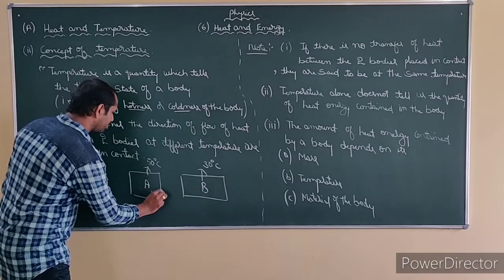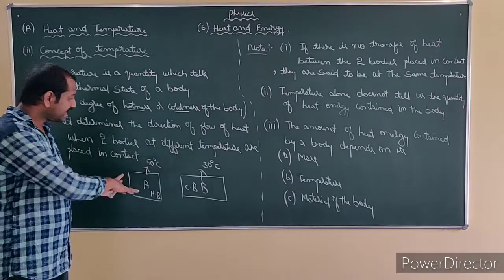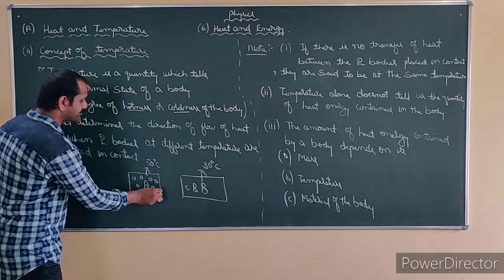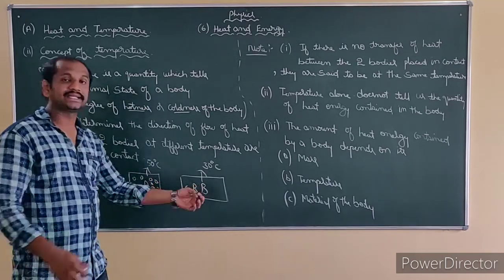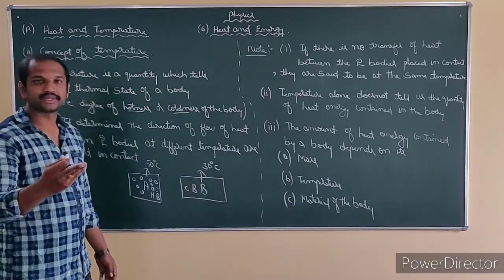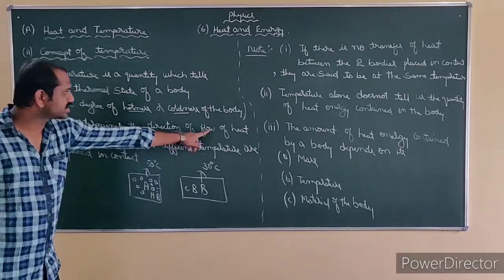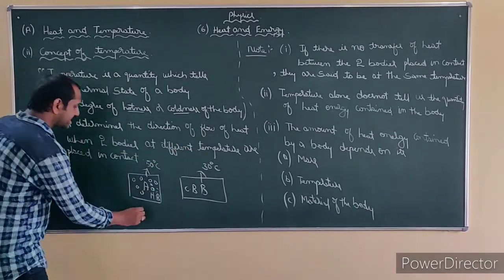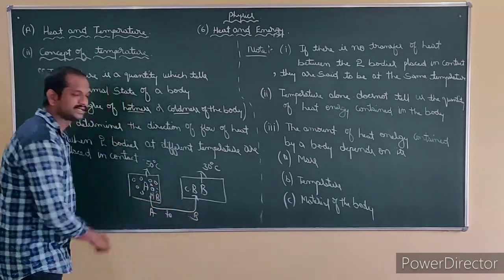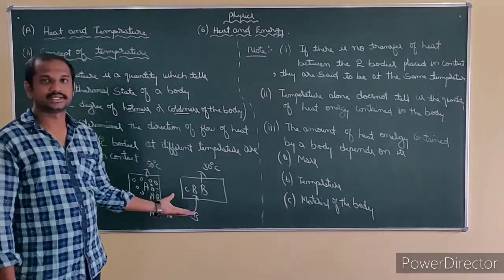Now it determines the direction of flow of heat. The molecules' random motion is more here, so the internal energy is more here and less there. When both are kept together, the internal energy flows from the hot body to the cold body. So the direction of flow of heat is from A to B. That is what temperature makes us understand.